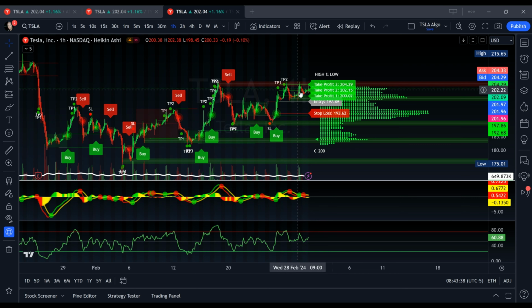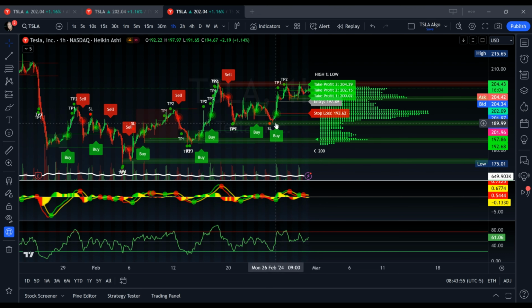Okay, and now we see different supply and demand zones. We see demand here. We see supply here. We see demand here, and demand here. And what does that mean? If this breaks through, then the next zone is where the institutions were buying and selling.